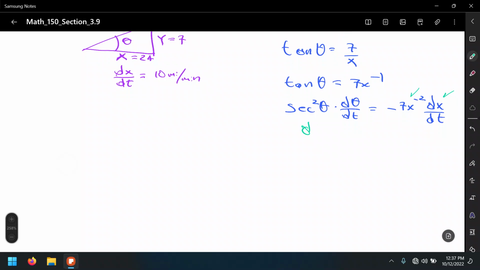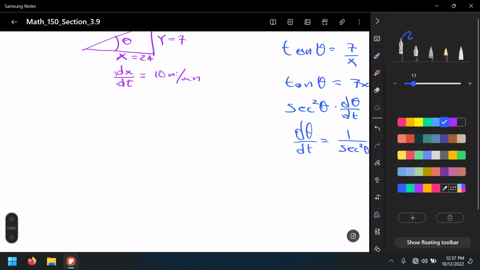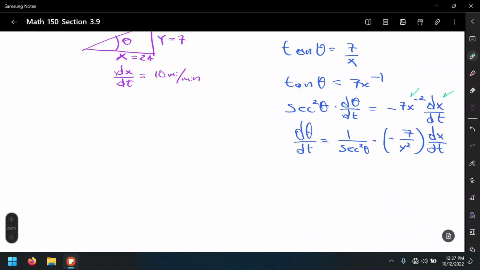So d theta dt equals 1 over secant squared theta times negative 7 over x squared dx dt. And again, let me keep writing down check marks for what we know, that dx dt and the x.